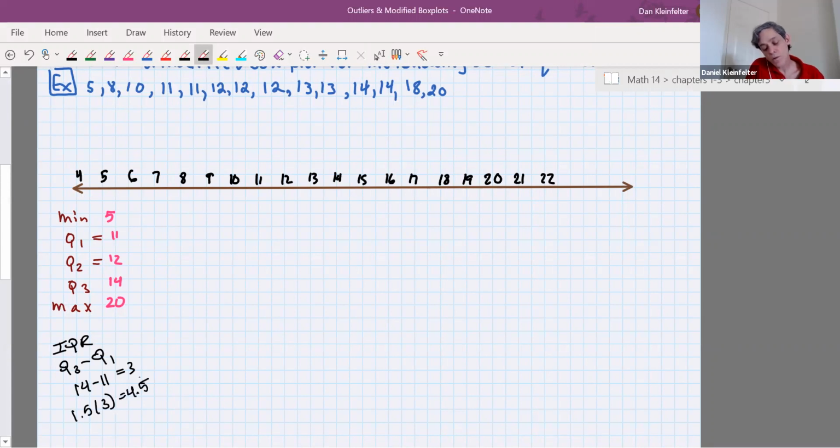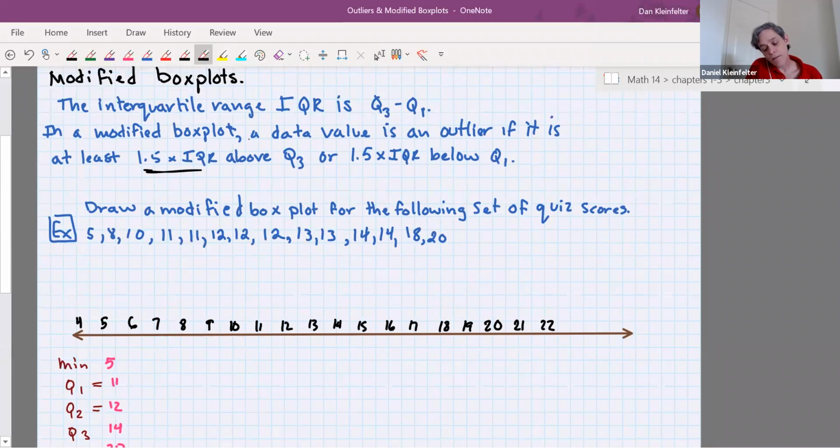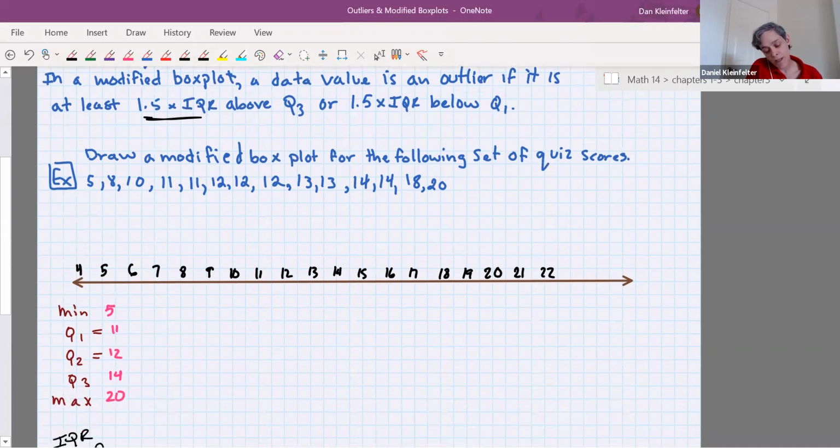Okay, so reading through the description again, it says in a modified box plot, a data value is considered to be an outlier if it is at least 1.5 interquartile ranges above Q3 or 1.5 interquartile ranges below Q1. So Q1 is 11.